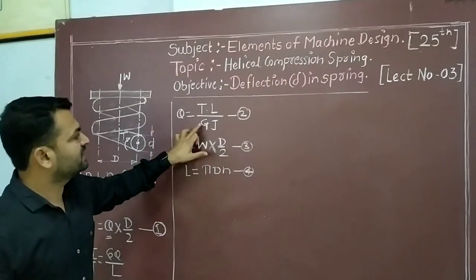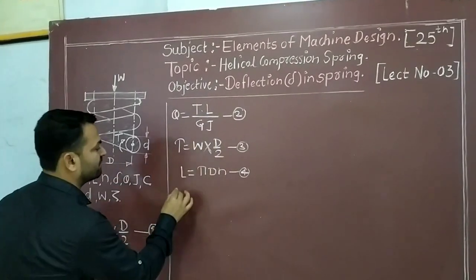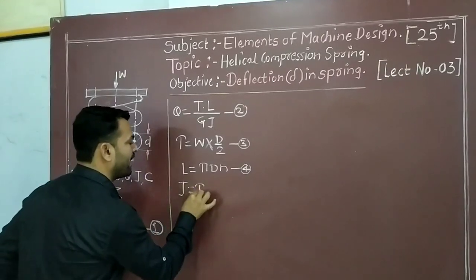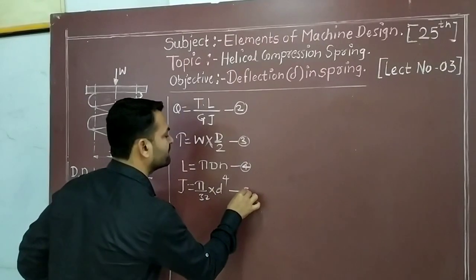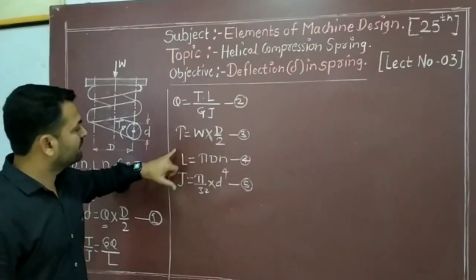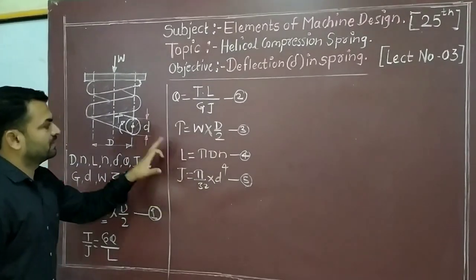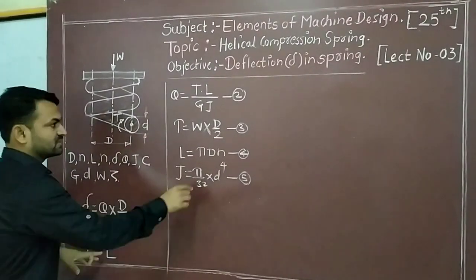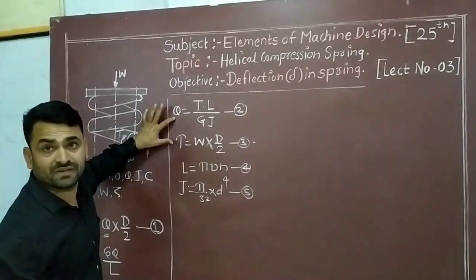After this, J is the polar modulus, and it can be found for the circular section as pi by 32 multiplied by d raised to 4. This is equation number 5. So we have the value of T, the value of L, and the value of J. Again put all these values, T, L, J, in the theta equation.